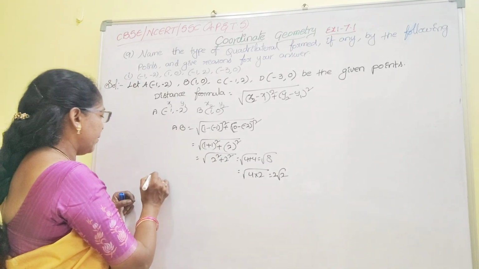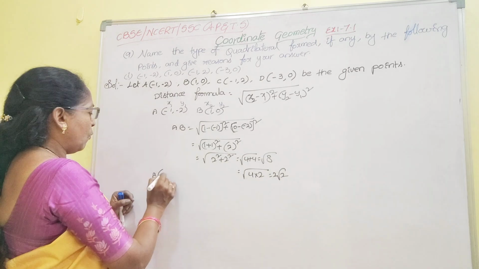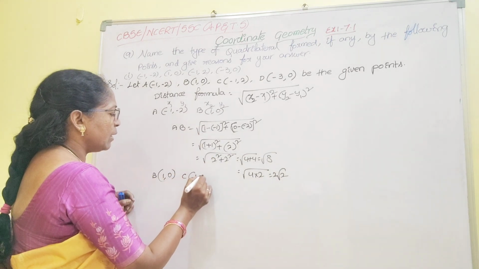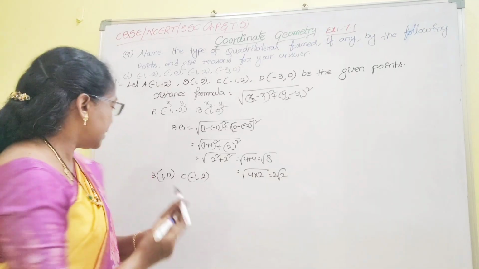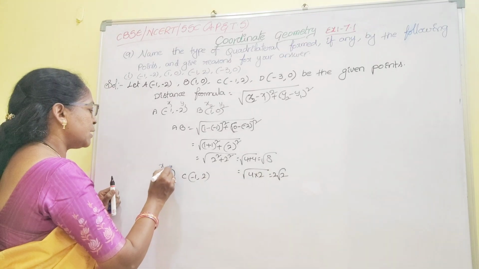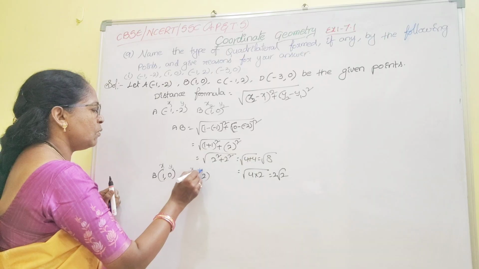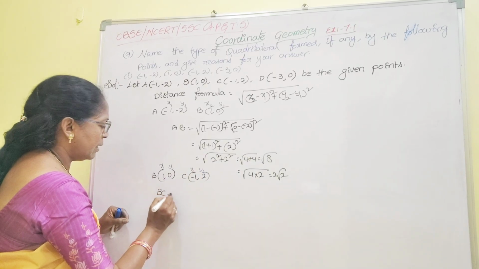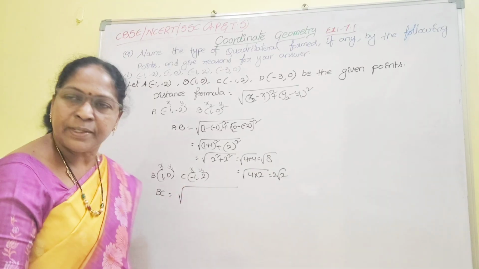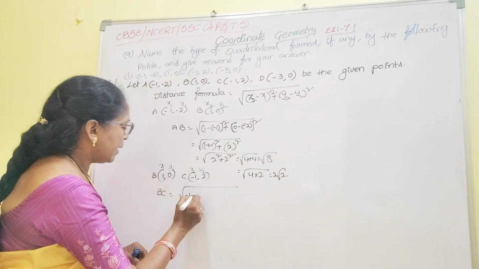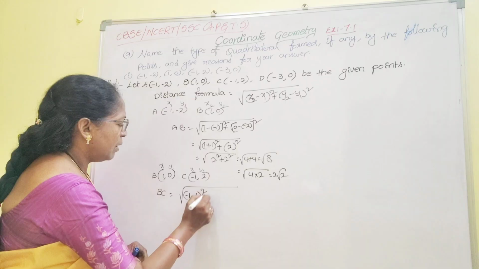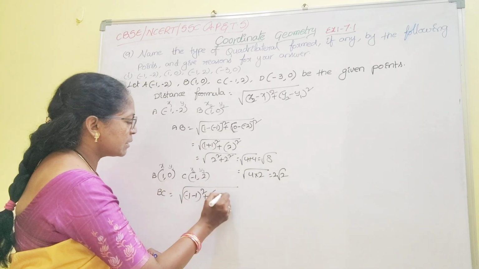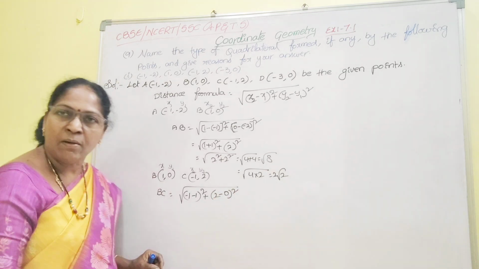Now BC, where B value is (1, 0) and C point is (-1, 2). Here just let us represent x1 y1 x2 y2. Now BC equals square root of, where x2 equals minus 1 and x1 is 1. Minus 1 minus 1 whole square and y2 is 2, y1 is 0. 2 minus 0 whole square.